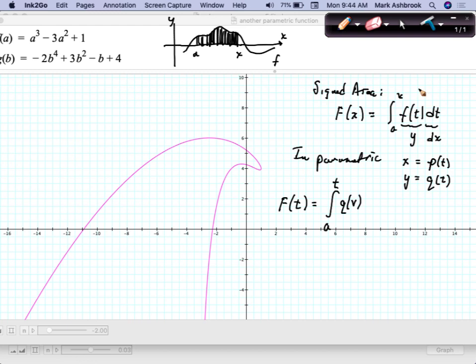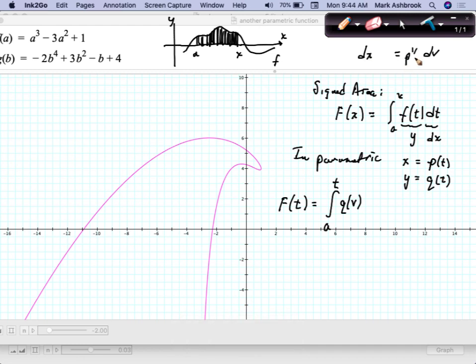And then we need dx. What's dx? Well, dx comes from the rate of change of x. What's the rate of change of x? P prime. And the meaning of P prime is that given any change in v, the change in x is the rate of change times that change in v.